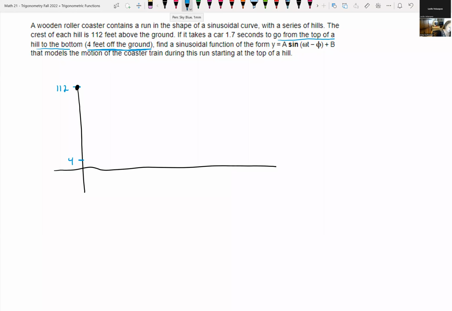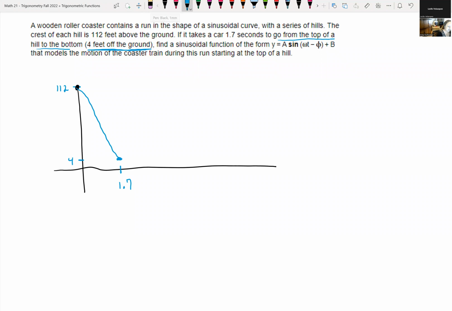So we know at 1.7 seconds we're going to hit the minimum, and it said it forms a sinusoidal curve.